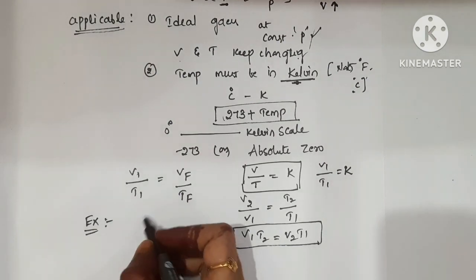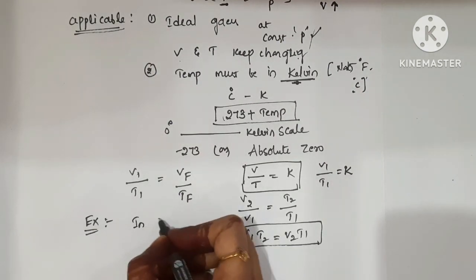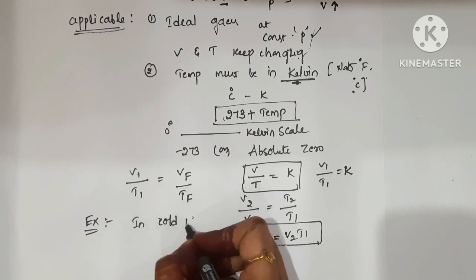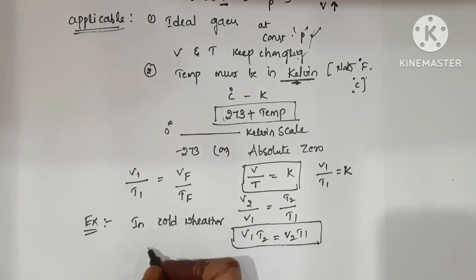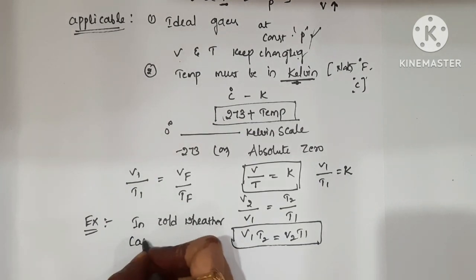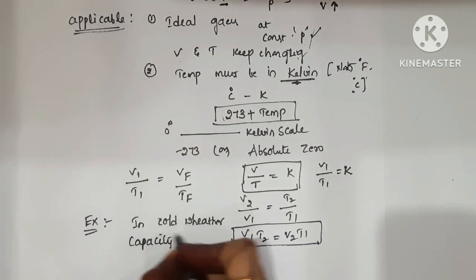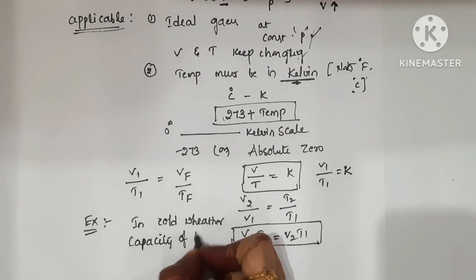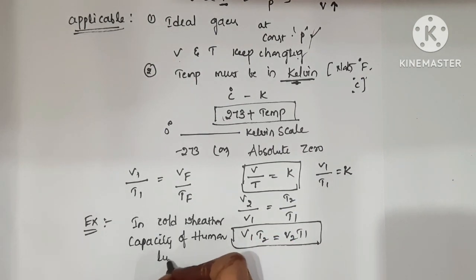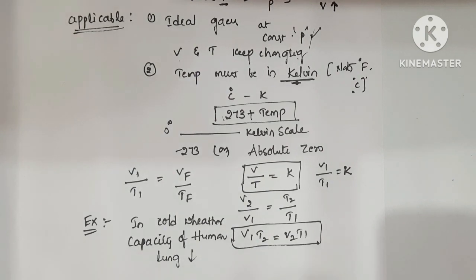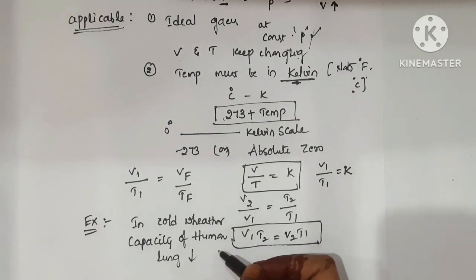Now the example for Charles's law: in cold weather, in winter, the capacity of human lungs decreases. Why?